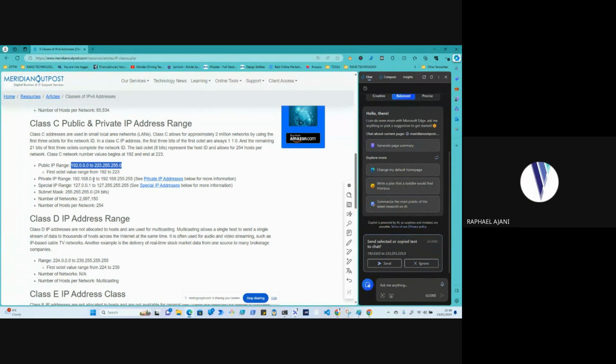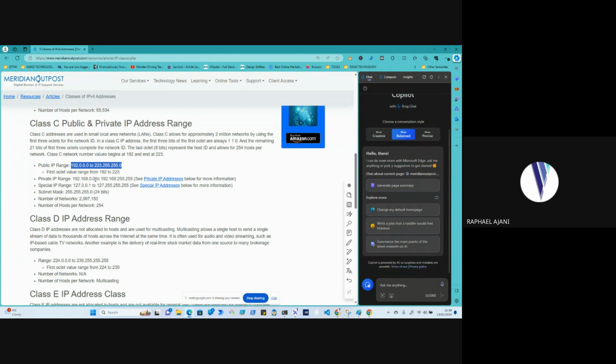Your modem in your house, provided to you by the network provider, serves as your router, your gateway, and also your DHCP server. So the router actually serves multiple functions.